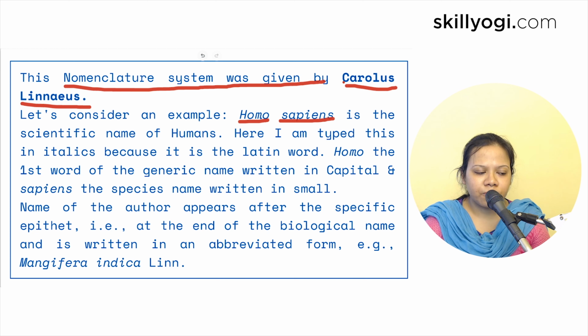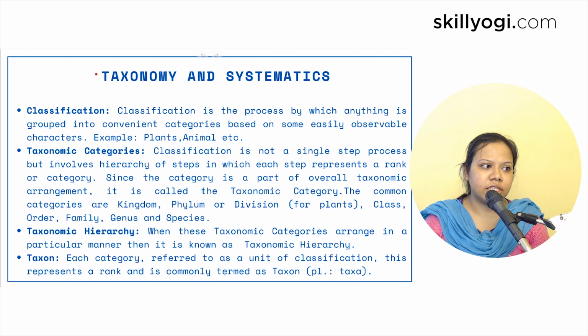And when we use the scientist's name in the scientific name, it is written this way: Mangifera indica, and after that we write the scientist's name in short abbreviated form. This name was provided by Carolus Linnaeus, so it is written as L or Linn.